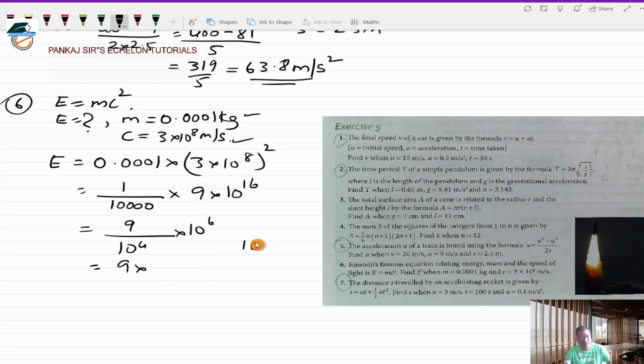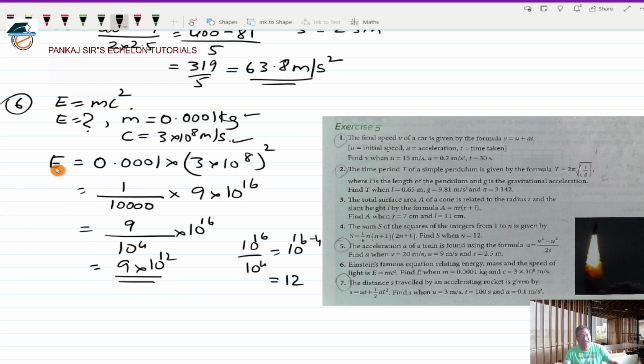See, this is indices. Sorry, 16 minus 4 should be 12, right? So my answer will be 9 into 10 raised to 12.